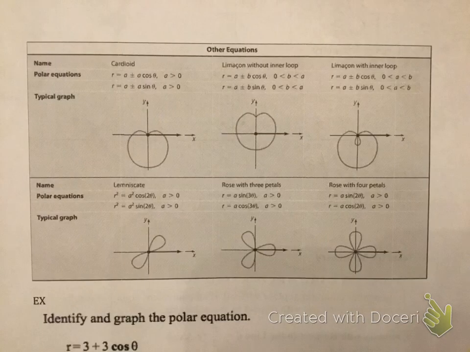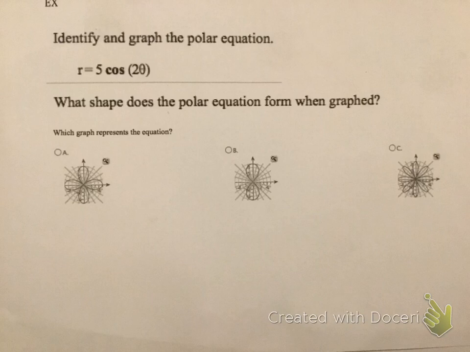Okay, so let's go back to the next one. Identify and graph the polar equation. In my math lab, unfortunately, they have you pick the graph. So we're just going to do this really quick. Notice that we don't have a number plus something cosine or plus something sine, right? So everything's kind of jammed together. But we do have an A equals 5, which is not a squared value, right?